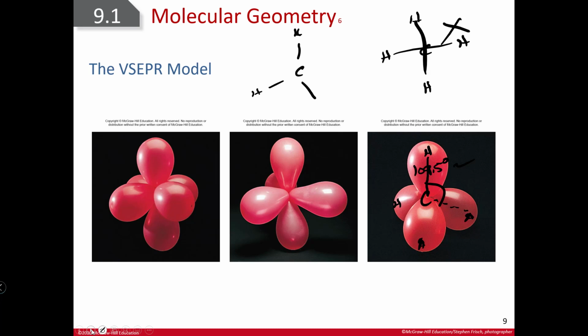And then when you rotate it like that, you'd have one coming out of the screen, and you would have one going back through the screen like that. And you use a dashed line to represent that. So this geometry is tetrahedral, and again the angle is 109.5 degrees between the hydrogen, carbon, hydrogen.